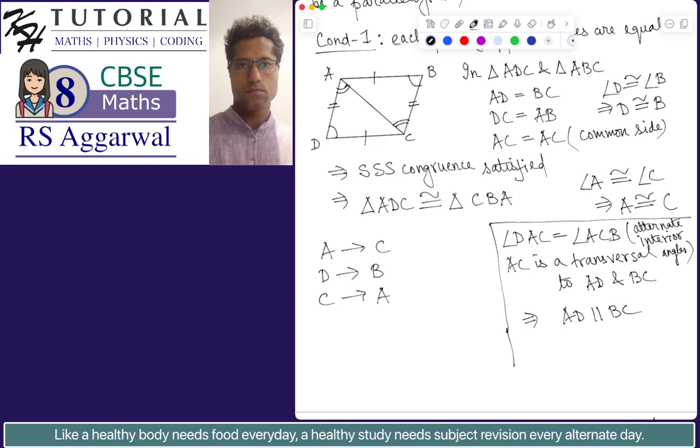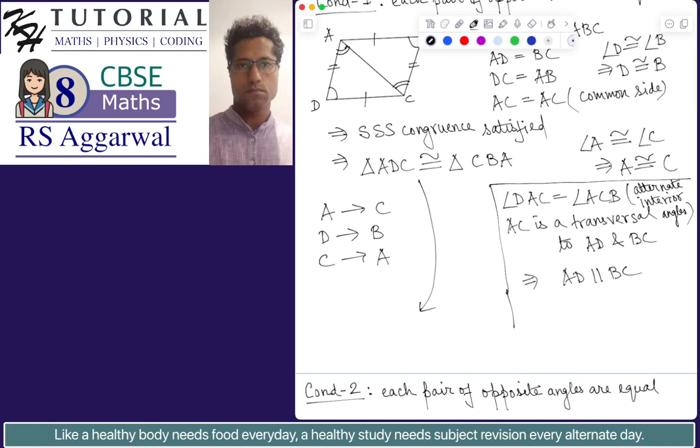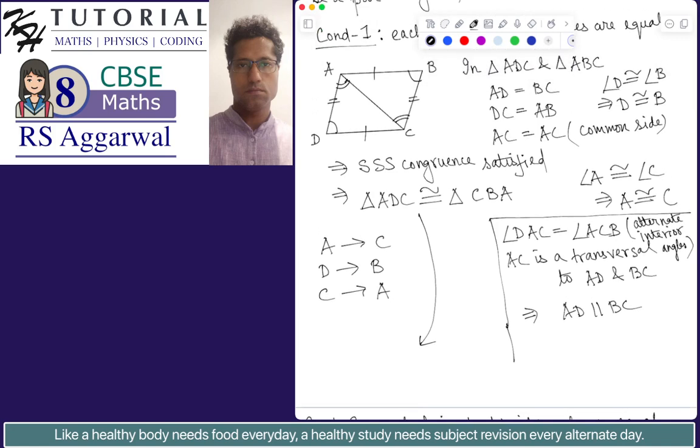Now, from the congruence, since triangle ADC and triangle CBA are congruent, we can say that angle A has a correspondence to angle C. So angle CAD of triangle ADC is equal to angle ACB.